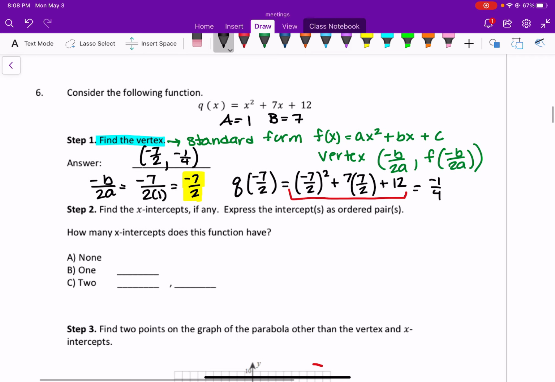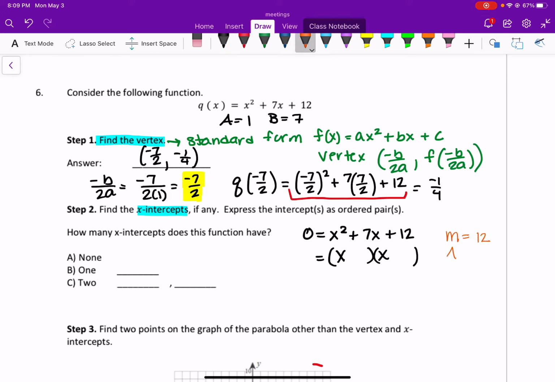All right, so on the next one, we're finding the x-intercept, which is where we set it equal to 0. So we're going to do 0 equals x squared plus 7x plus 12. Again, I'm going to factor this. You can do the quadratic formula if you prefer that. I'm going to lead off with x and x. Remember to factor, I need it to multiply to the last number, which in this case is 12, and add to the center, which is 7.